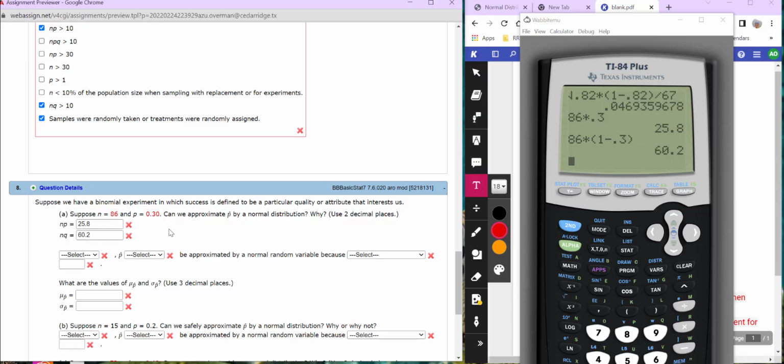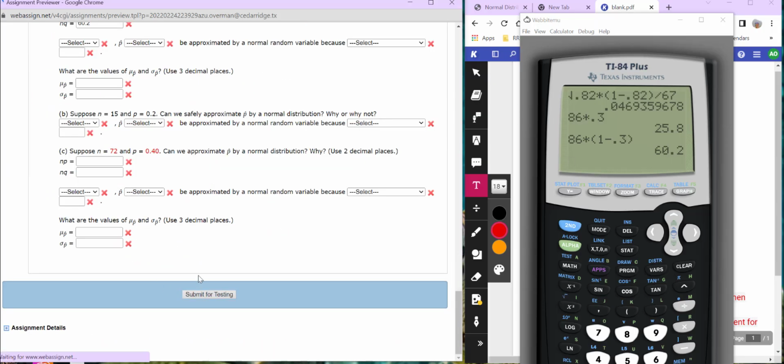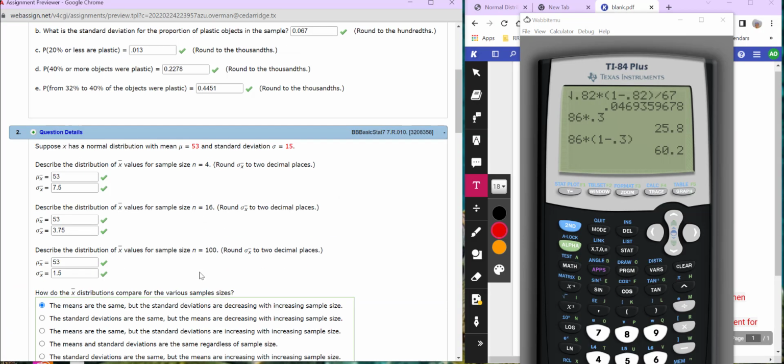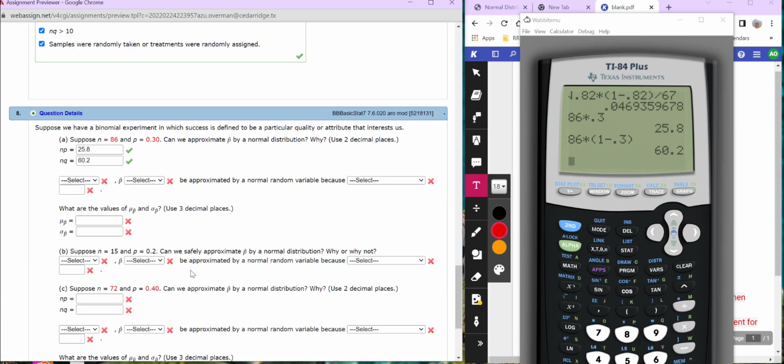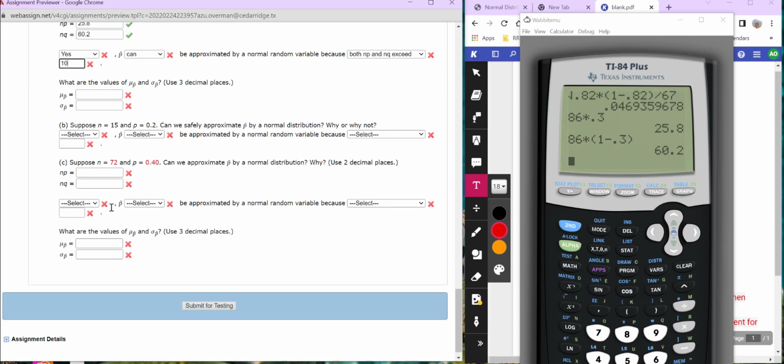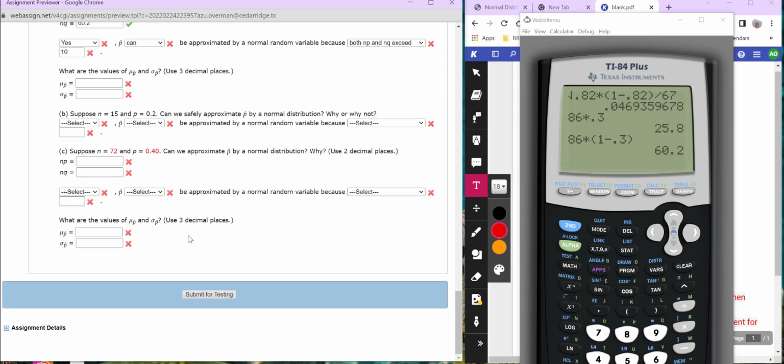So let's make sure we did those calculations right. And there they are. So yes, both of these can be approximated by a normal random variable because both np and nq exceed our special number, 10.